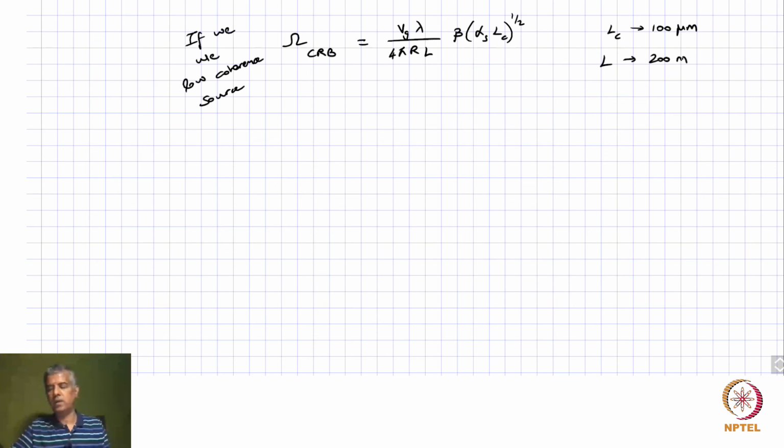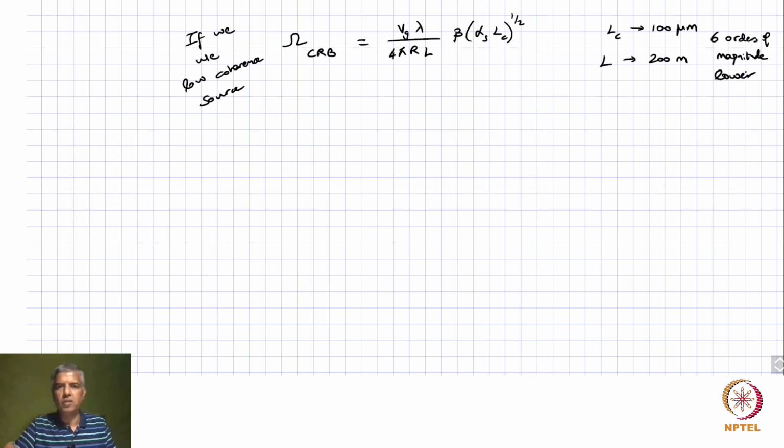Previously you were accumulating all this backscattering over 200 meters. Now, whatever you accumulate within 100 microns is all that matters. So, that is actually 6 orders of magnitude lower, right.